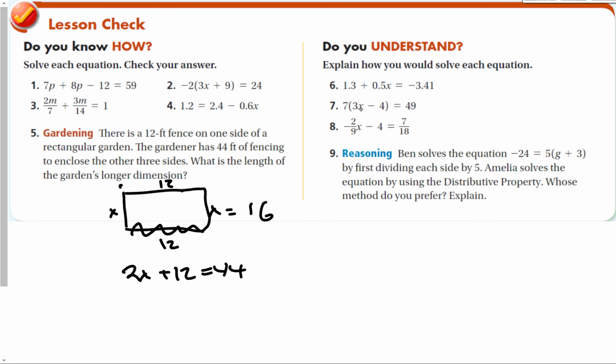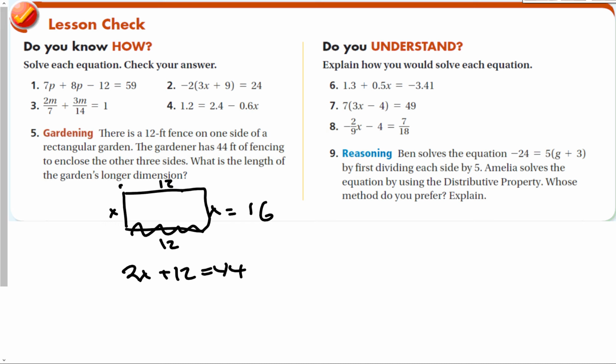If we multiply this side by 2, unfortunately that's not the least common denominator of 9 and 18, because if I multiply this side by 2, I have to multiply this side by 2 as well. Just got to figure out the least common denominator of 9 and 18 to figure out how to get that. Okay.